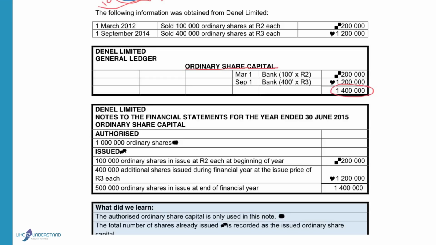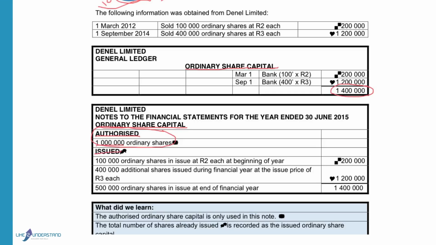Now, if we look at the note for ordinary share capital, we will say, how much is authorized? The maximum number that we can sell is 1 million ordinary shares. We can never sell more than that million. This is the only place where you ever use the authorized share capital. Otherwise, you will never use it for any calculations.